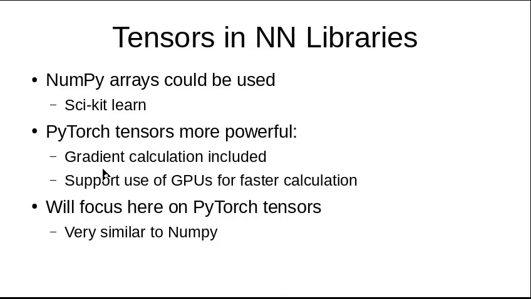Those tensors include gradient calculations integrated into them, and they also support use of GPUs for faster calculation. So in the rest of this video we will focus here on PyTorch tensors, but if you're used to using NumPy, you will find much of this looks very similar and very familiar.